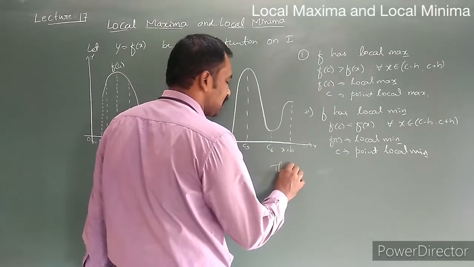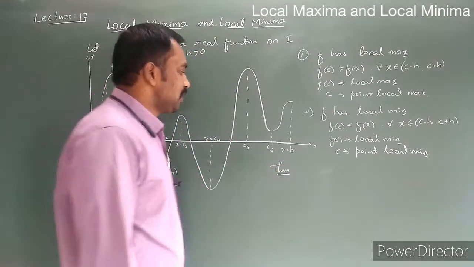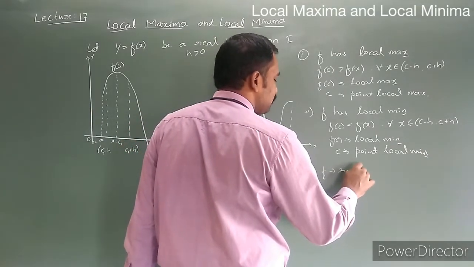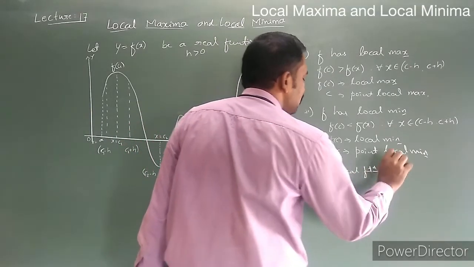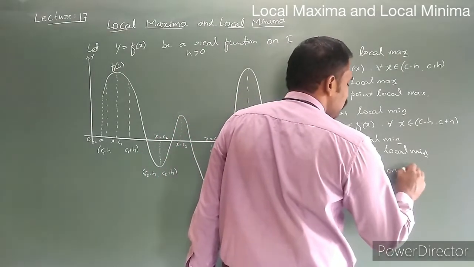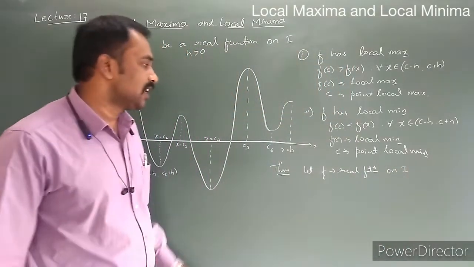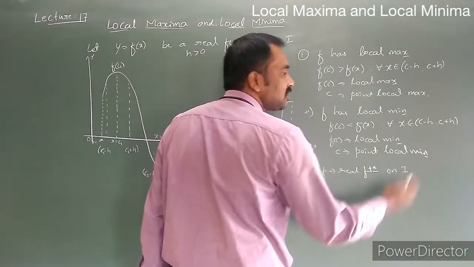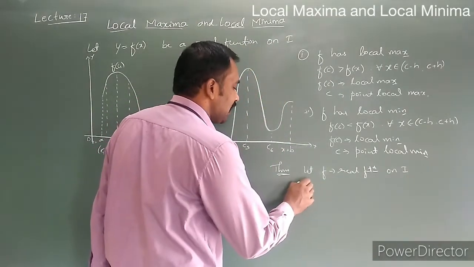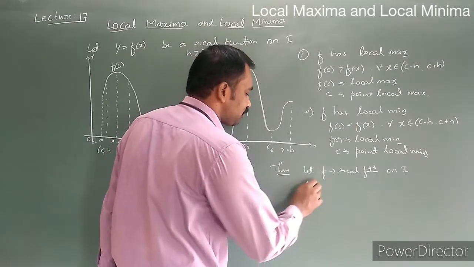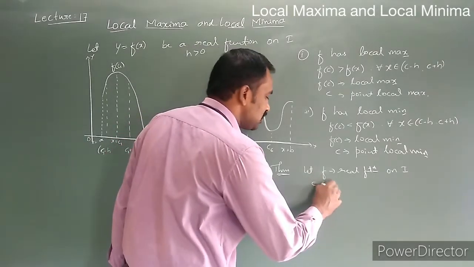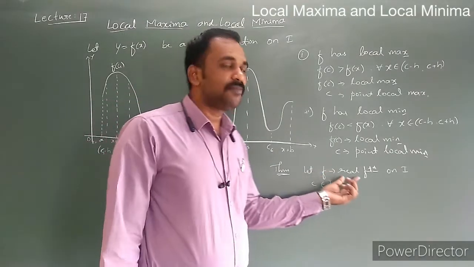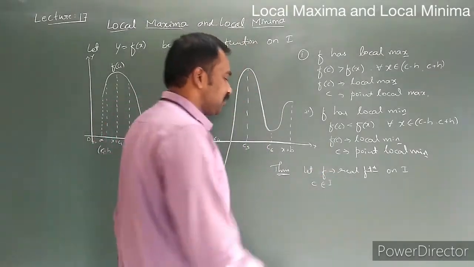Now I take one theorem. What does the theorem say? Let f be a real function defined on an open interval I. Here the domain of the function is this open interval, and there exists a point c which belongs to the open interval I. c is any point in the domain of definition.